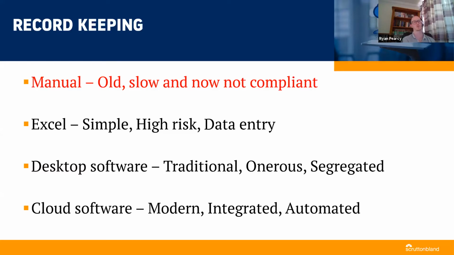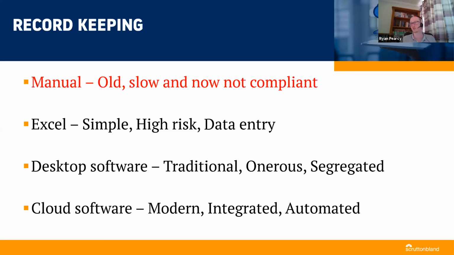And so what businesses have moved towards is software, specific finance software. Historically, this would always be desktop or server-based software, but there's a lot of manual entry involved in those, so businesses are switching over to what we refer to as cloud accounting software, which I'll give some examples of. The main benefit of this is that most of them are created to satisfy business owners rather than accountants.